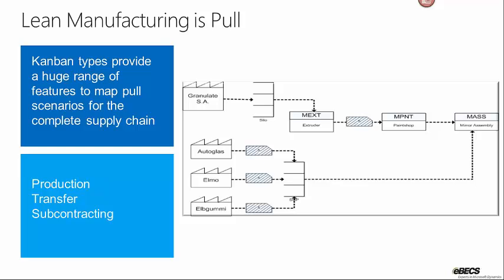And there are a number of Kanbans that allow us to pull material in to supply the customer. We can use those Kanbans for production. We can use them for transferring material, so we may move material throughout a warehouse, from a raw material warehouse to a finished good. And we can also use it for subcontracting.